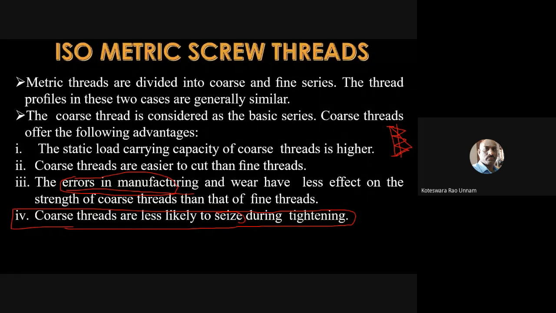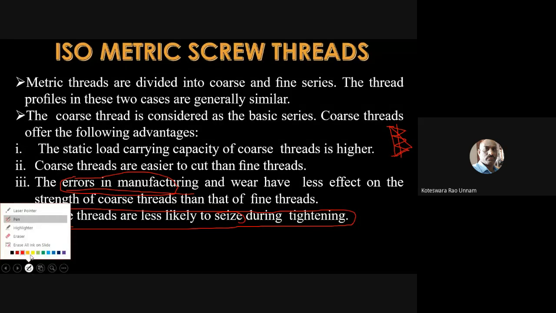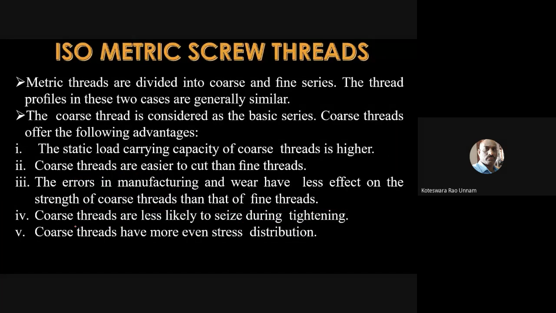After some part of the tightening, they may seize. If the pitch is too fine, this is going to happen, whereas in the case of coarse threads, the problem is not there. That is another advantage. Coarse threads also have more even stress distribution. This is also another advantage.